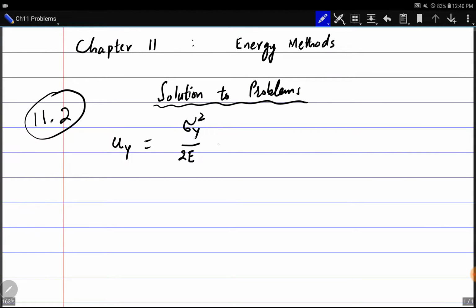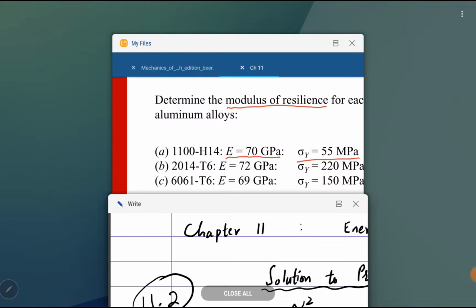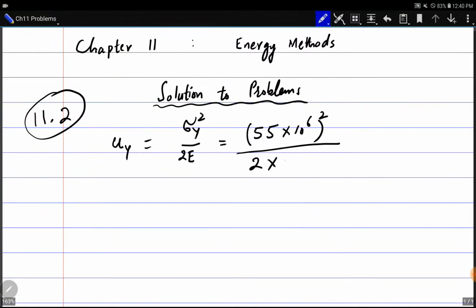Sigma y is given in the first part. It was 55 megapascals, 55 into 10 power 6 pascals square divided by 2 into E. E is given. E was 70 gigapascal, 70 into 10 power 9.